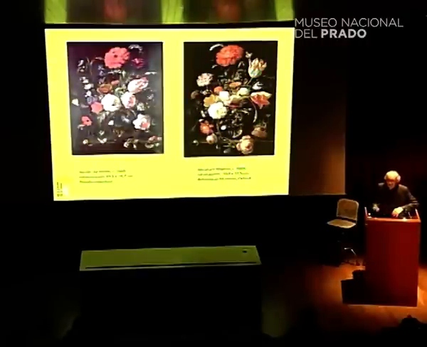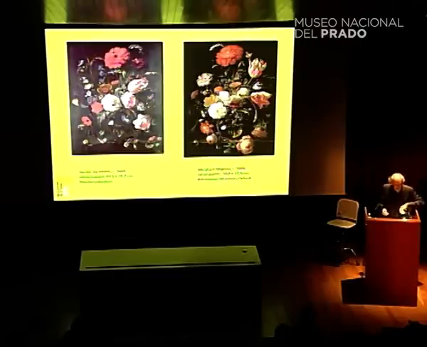In the mid-1660s, another still life painter came to his studio. That was Abraham Mignon, who had been trained in Frankfurt and then came to Utrecht in the studio of De Heem, and he started to work very much in De Heem style on a very high level, and sometimes it's even difficult to distinguish between the work of the two artists.